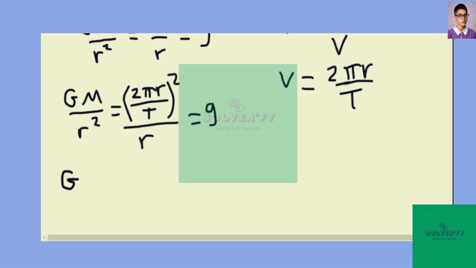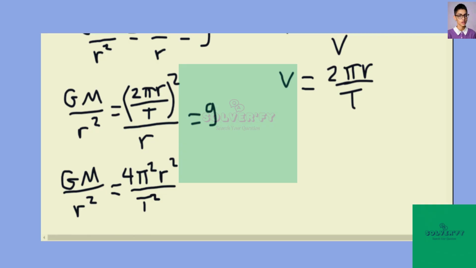Breaking this up and simplifying the center one, GM over r squared equals 4 pi squared r squared over T squared r.